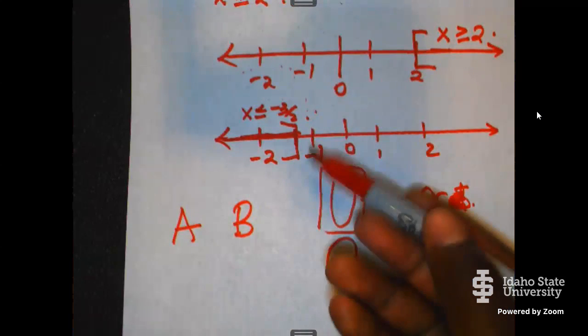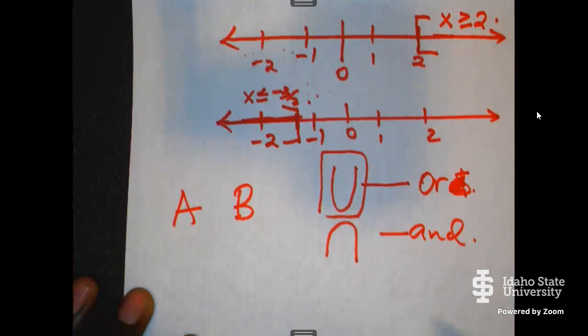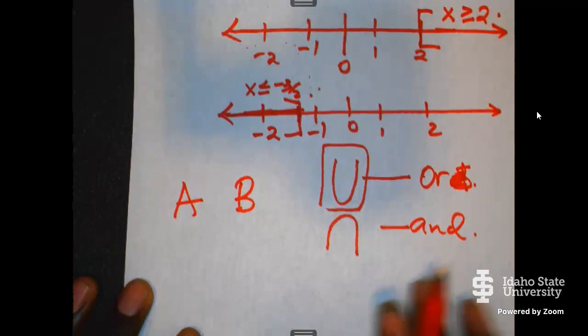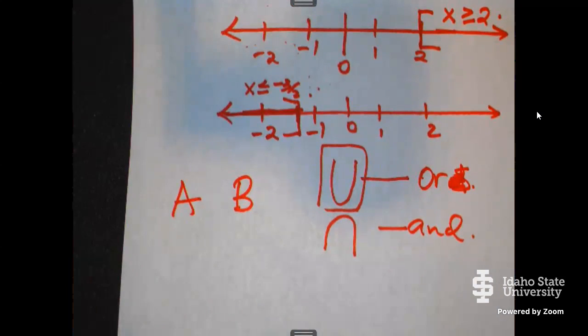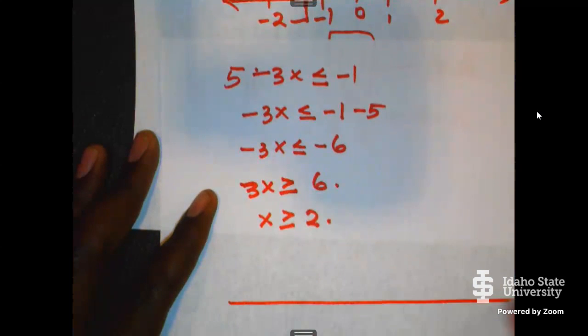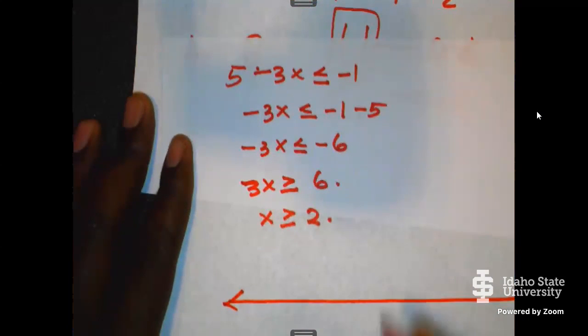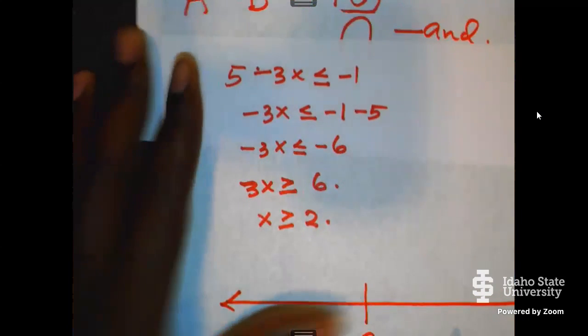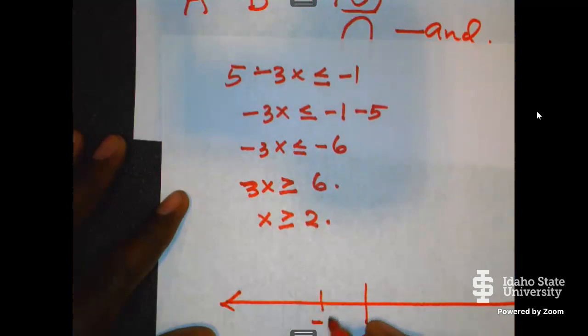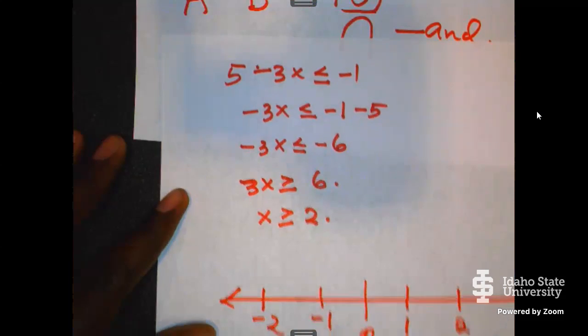So in our case here, when we draw the common one, this is 0 here. So let's say -1 there, and then -2 there, and then 1, then 2.